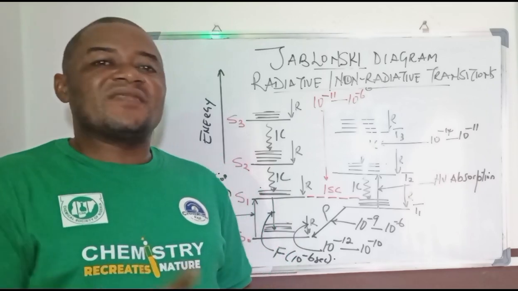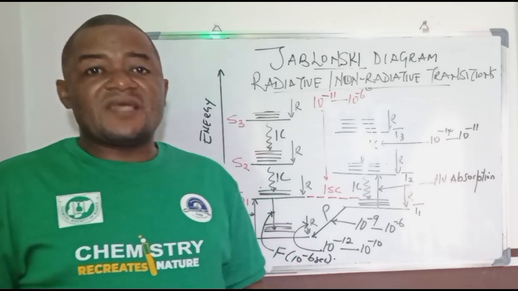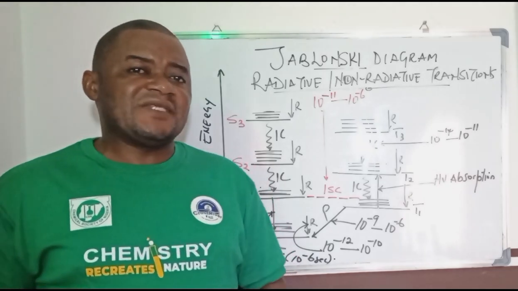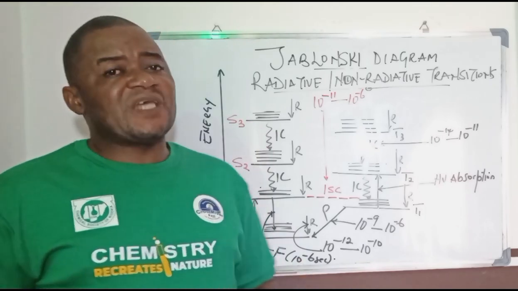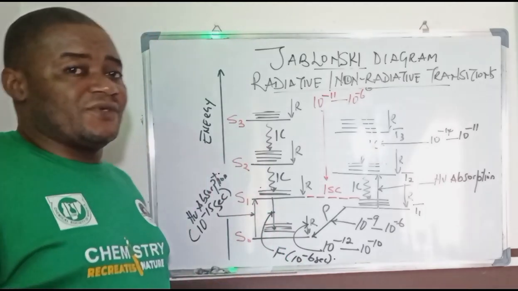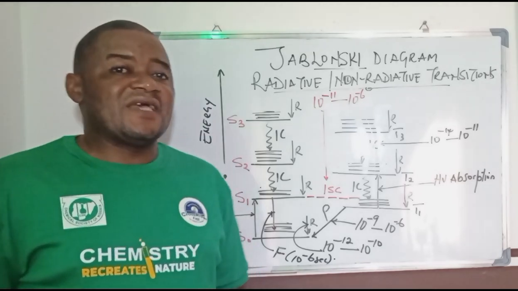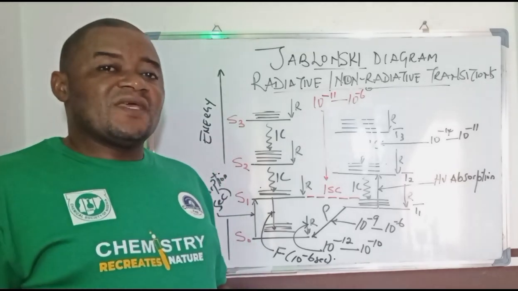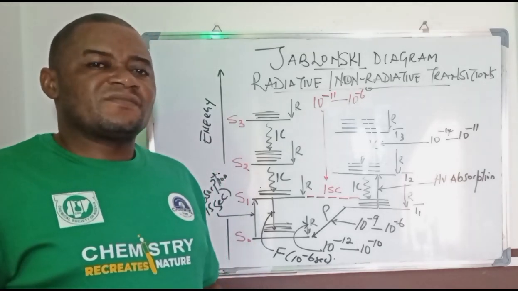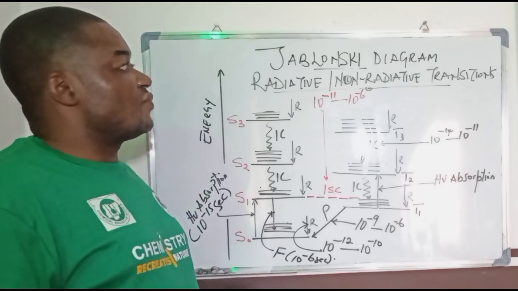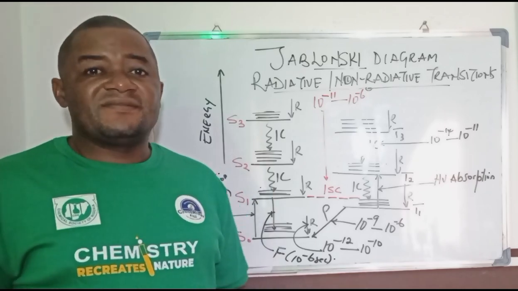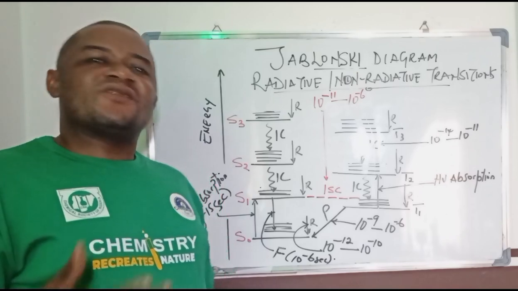You can also find this process in the synthesis of vitamin D. The paramount implication in the process by which vitamin D is synthesized is the photochemical reaction process. And you can go on and on.